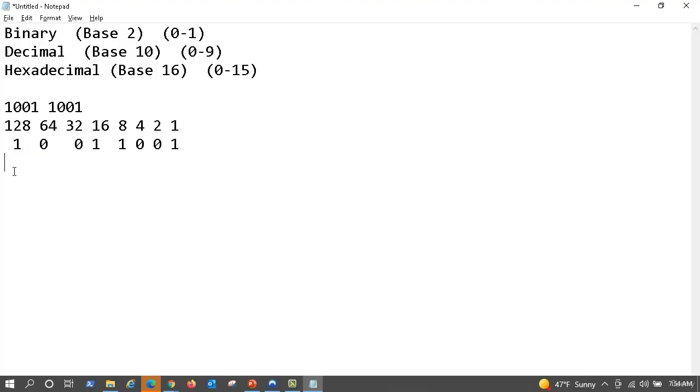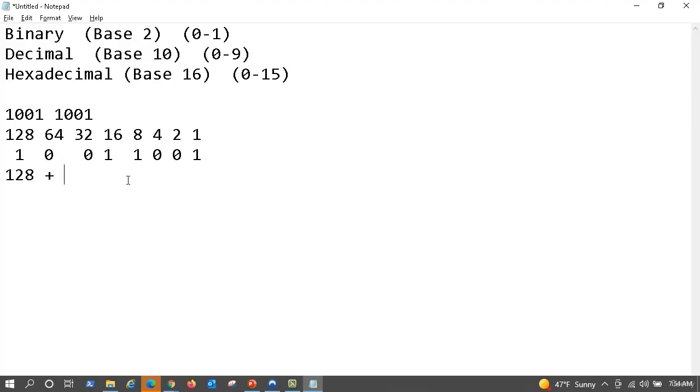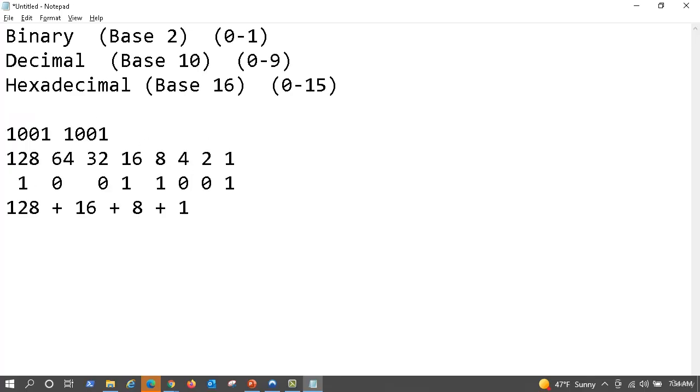So that means we're going to count this 128. You can say plus 0, plus 0. I'm just not going to count those. If it's 0, I'm not going to count it. If it's a 1, I'm going to count it. And then the last one would be a 1.